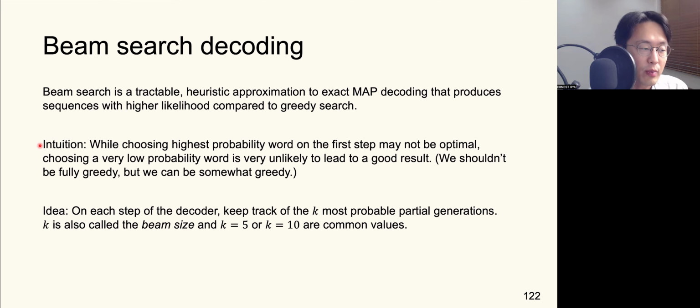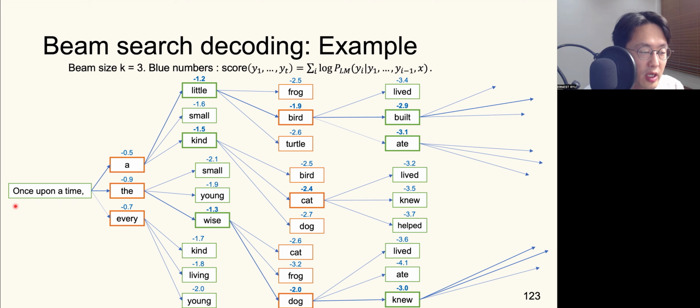So we shouldn't be fully greedy, but we can be somewhat greedy. That's the idea. On each step of the decoder, we keep track of the k most probable partial generations. K is also referred to as the beam size, and k equals 5 or k equals 10 are common values. So here's a beam search decoding example.